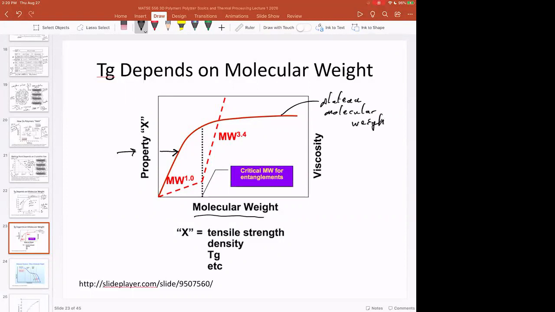So whether you're interested in modulus or whether you're interested in TG, they all have plateau molecular weights, and they're usually close to the same value. But viscosity has a different relationship. There is no such thing as a plateau molecular weight for viscosity. This is the viscosity line. So viscosity is the dashed line.